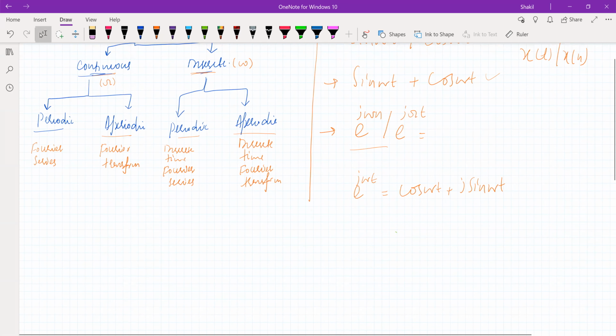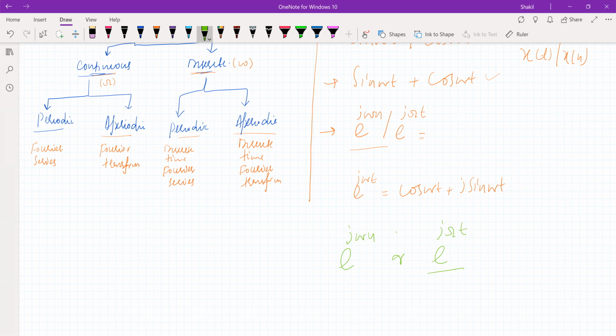Now in this class and in the sessions that follow, we'll use e raised power j omega n if it's a discrete time sinusoid, or e raised power j omega t if it's a continuous time signal, right? So we'll express x of t as a weighted sum of these complex sinusoids, or we'll express x of n as a weighted sum of complex discrete sinusoids. That's the point I'm making.